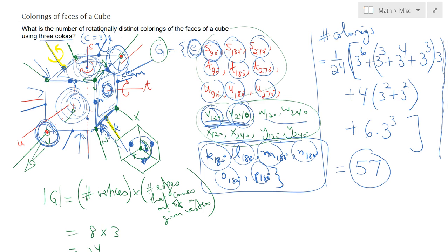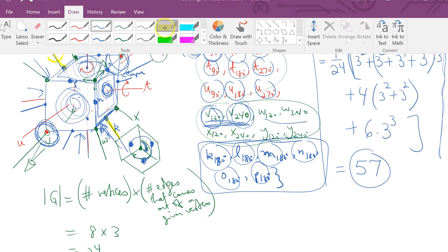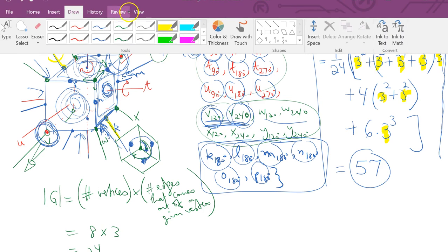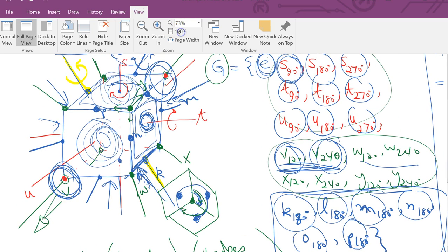Now, just as a side note, if there weren't 3 colors, but you had a general number of colors, say C colors, in that case all you would do is change these 3's to the letter C. This way you would get a generalization for the number of colorings for the faces of a cube. So I'll just leave it to you as homework.